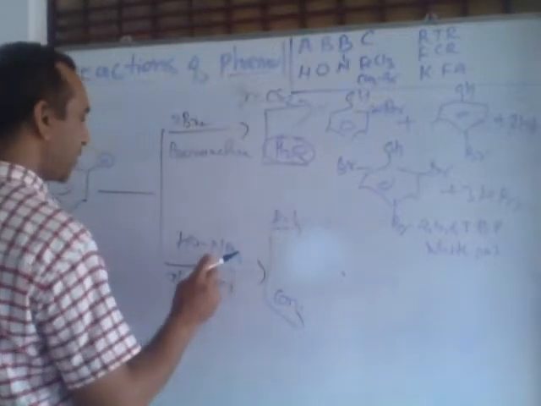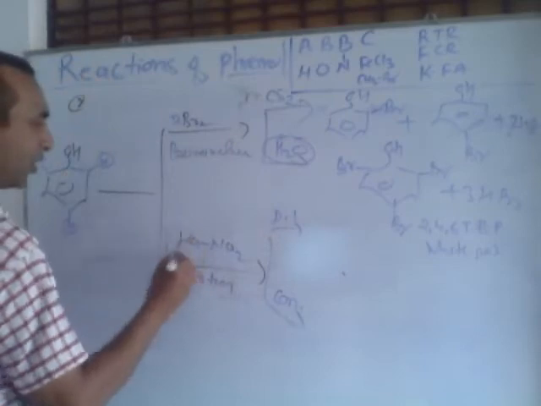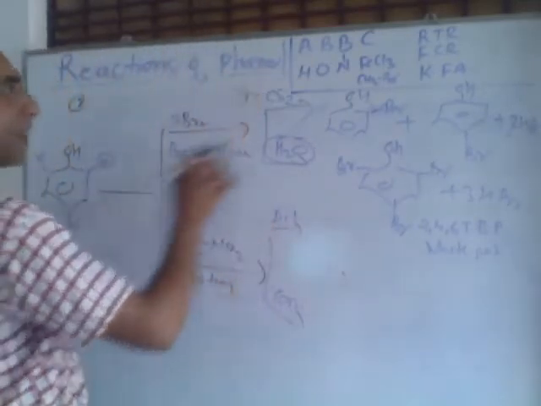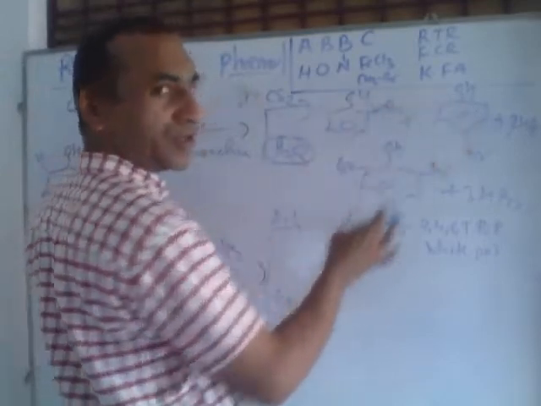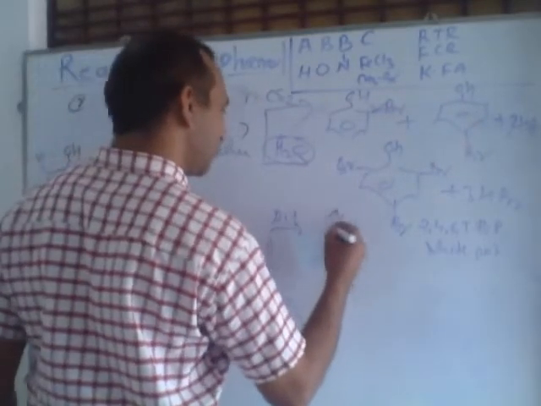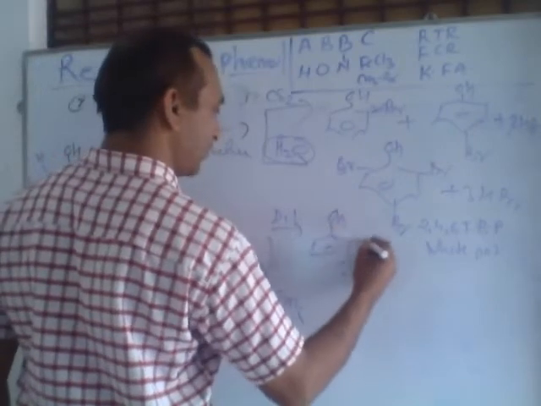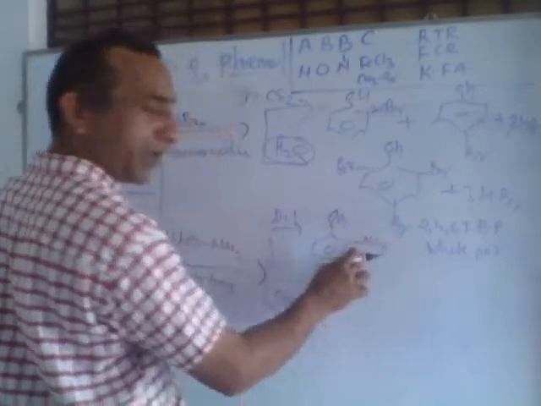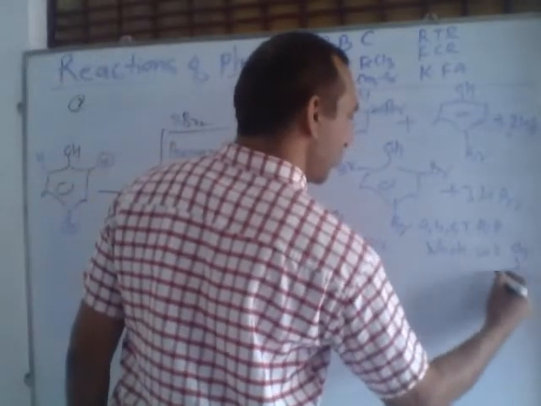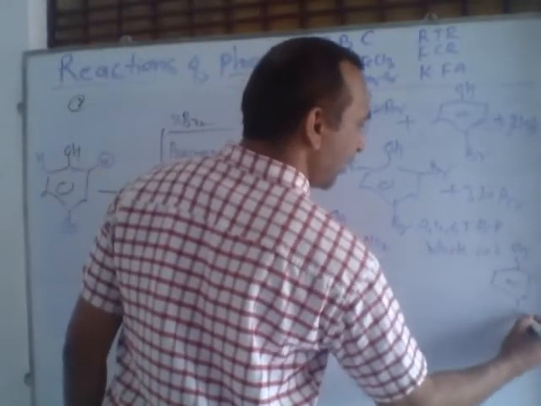If dilute nitric acid reacts, then only two NO2 groups go on ortho and para. In condition number 1, a nitro group is connected on ortho and second nitro group on para.